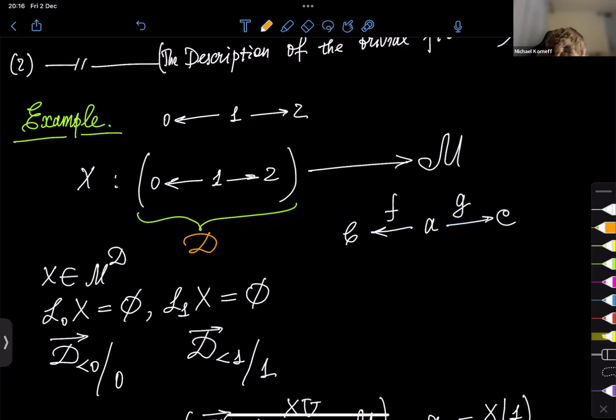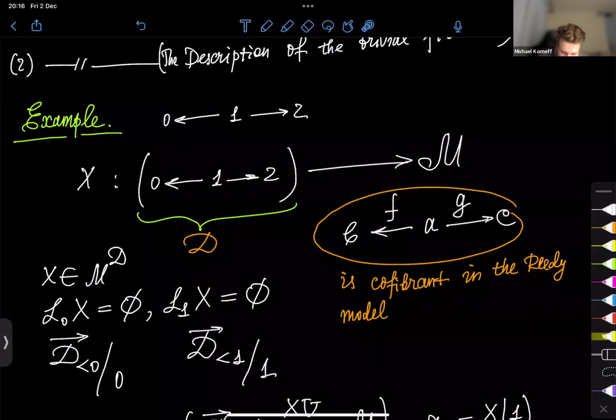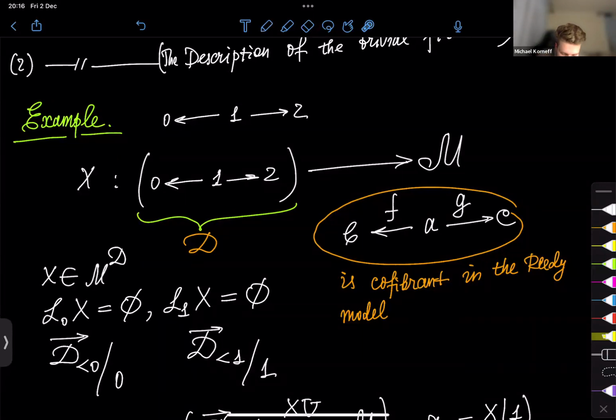So this diagram is cofibrant in this Reedy model structure, but we can replace, of course, the weights or the following weights, and thus we will obtain the other Reedy model structure.